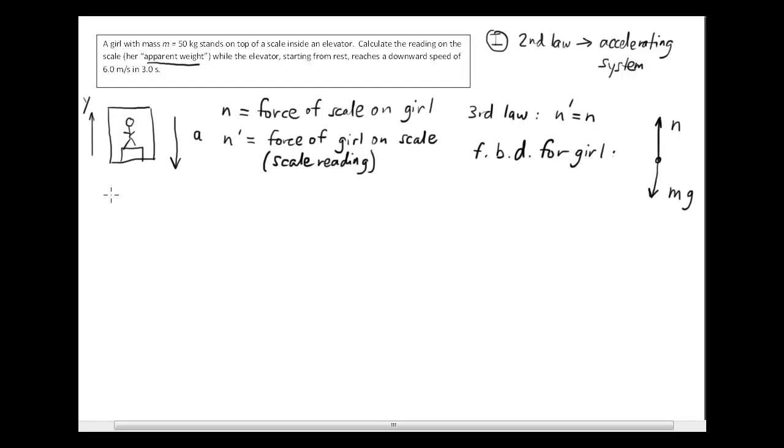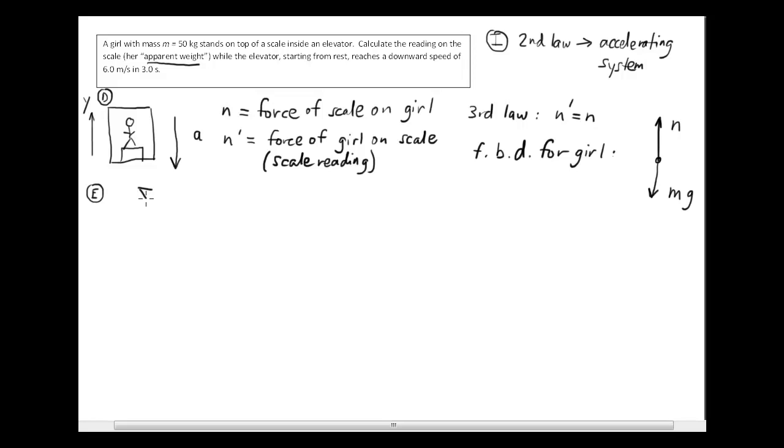So we've pretty much done our develop step. We've developed an understanding of what the problem is asking for. We're trying to find N prime, and we've written down a sketch for the situation as well as the free body diagram. So now we're ready to go ahead and evaluate the answer using Newton's second law.